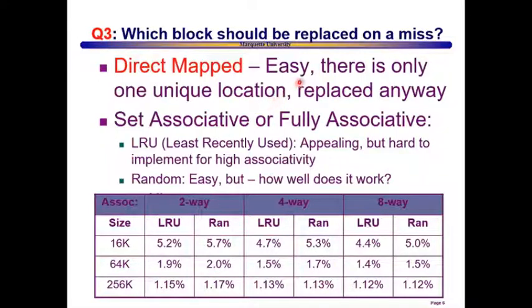That data, that block, will be fetched and placed into the cache entry that is unique in the case of the direct map. So when a new block is fetched, it's very easy to answer the question. It is going to just overwrite whatever block is already in that unique location where it maps according to this direct mapped cache organization. In the case of the set associative or fully associative cache designs, which we'll talk about in the next video, that is slightly different, and we'll talk about that later on.